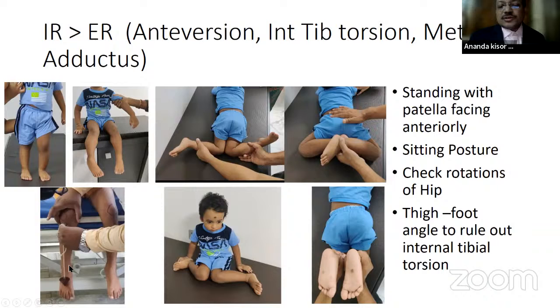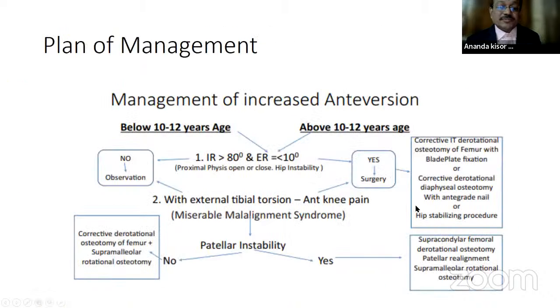So this is not internal tibial torsion. For metatarsus adductus, we ask the child to stand, and the examiner stands behind to check whether the too many toe sign is visible on the medial side. In sitting posture, you have to check the rotations of the hip and the thigh foot angle to rule out internal tibial torsion.